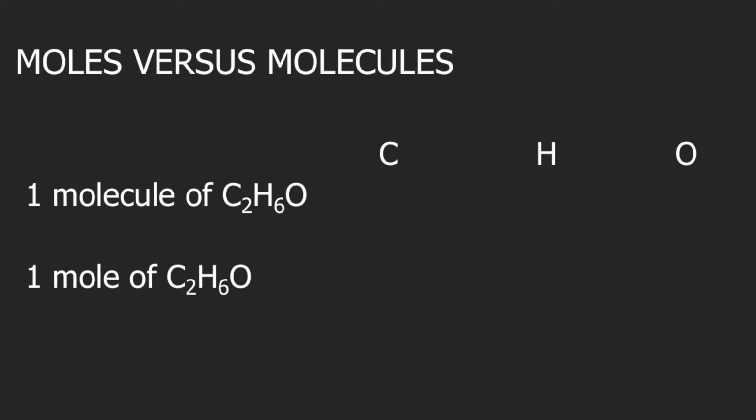So let's take ethanol for example, C2H6O. When you say 1 molecule of ethanol, that contains 2 atoms of carbon, 6 atoms of hydrogen, and 1 atom of oxygen. So when you say molecule, the composition of the elements is in terms of atoms.